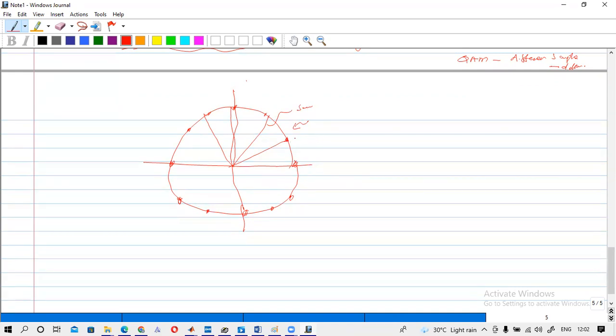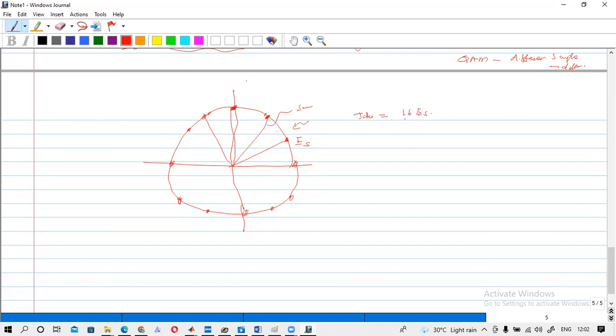So if this symbol has Es energy, this symbol will also have Es, and these symbols also have Es. Likewise, all 16 symbols have Es energy. So what is the total energy? Total energy will be 16 Es.